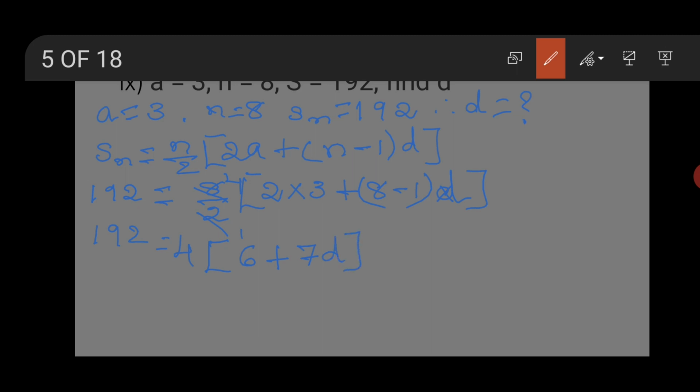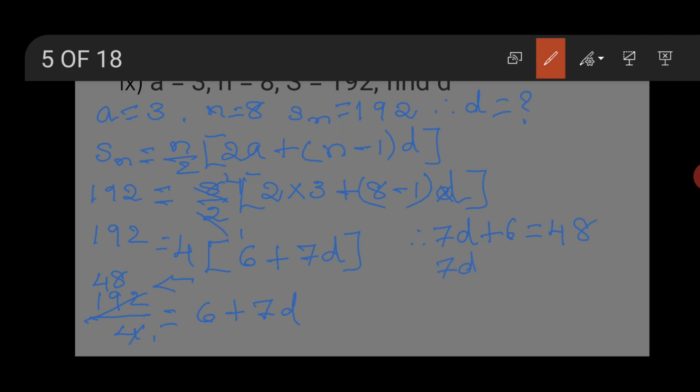Now carry 4 to this side. It becomes 192 divided by 4 is equal to 6 plus 7d. Now 4 ones are 4, 4 fours are 16, 3 is remaining, 4 eights are 32. So 48. Therefore 7d plus 6 is equal to 48.